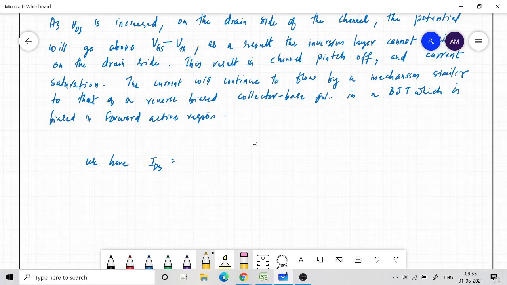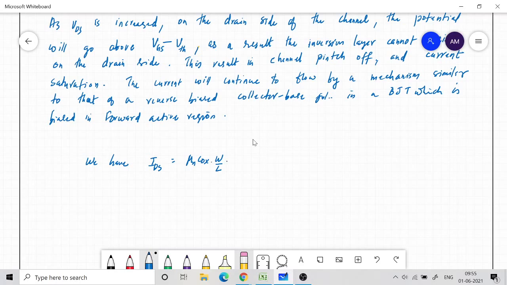IDS we got as mu n C ox. Here mu n means mobility of electrons, and C ox means the oxide capacitance per unit area, and then W by L that we got.